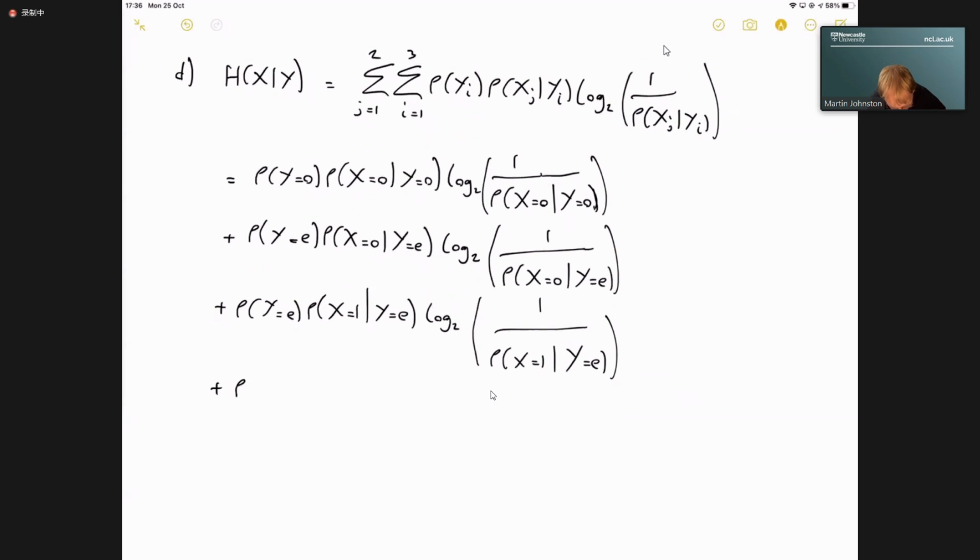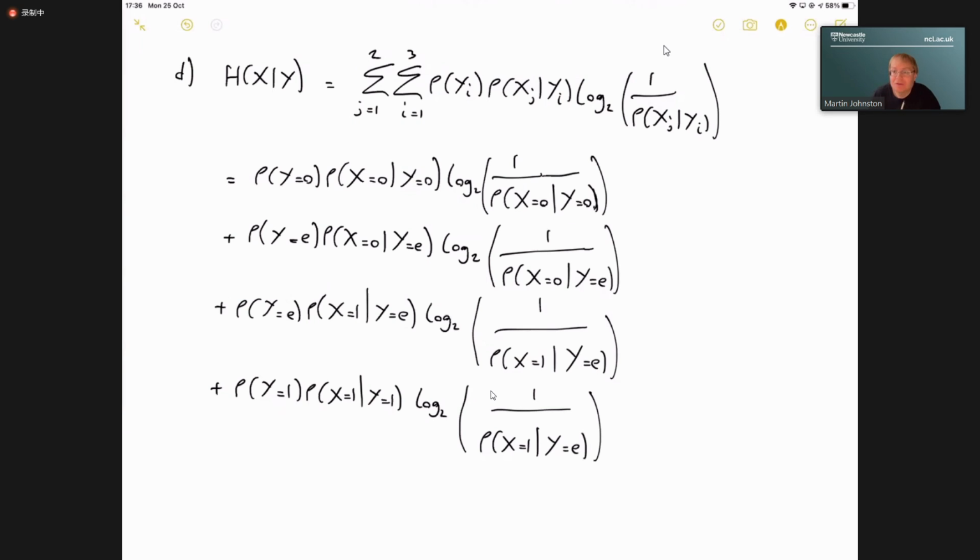The last term, so that's every possible value of x and y which are connected to each other.